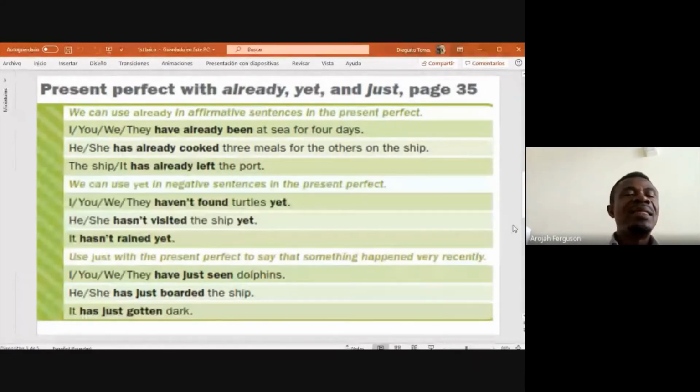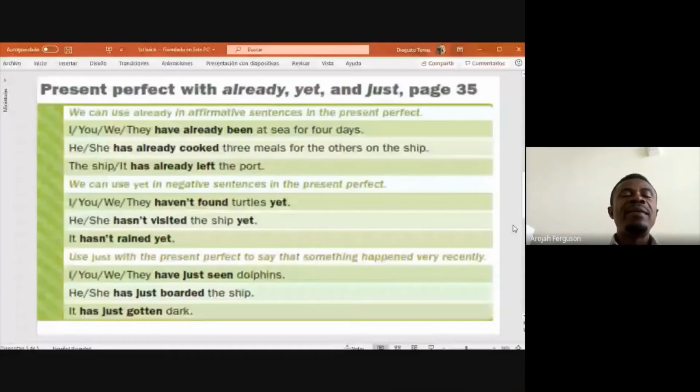Good. So let's go to the next one, which has to do with the use of yet. And for the formula, it says we use yet in negative sentences in the present perfect. This means that we use yet for something that hasn't happened, but it would happen.